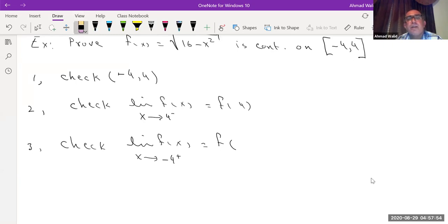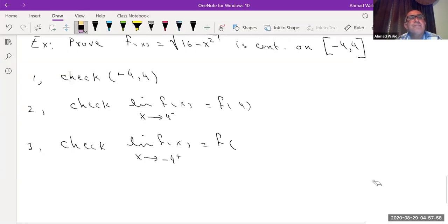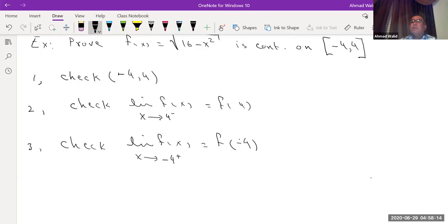Sorry, I put an extra negative there. If I do these three tests, I can prove that my function is continuous in a closed interval from -4 to 4, right?